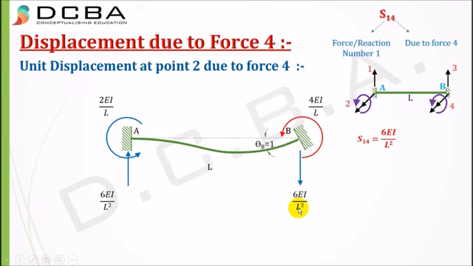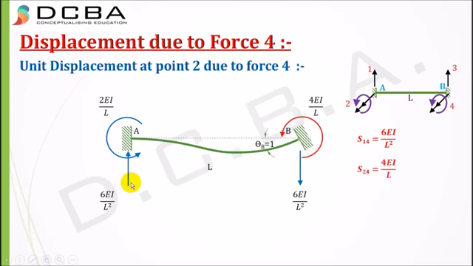S14, that is force or reaction number 1 due to displacement by force 4. Reaction number 1 is positive upward, and it is 6 EI by L square acting in the upward direction, hence it is positive. So S14 is positive.